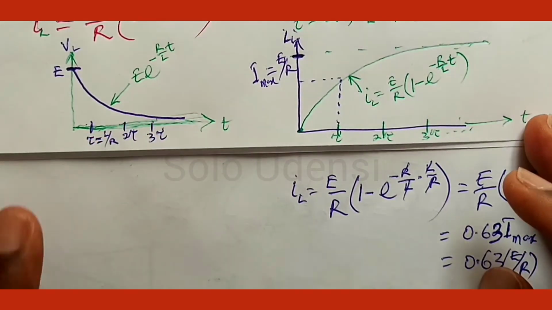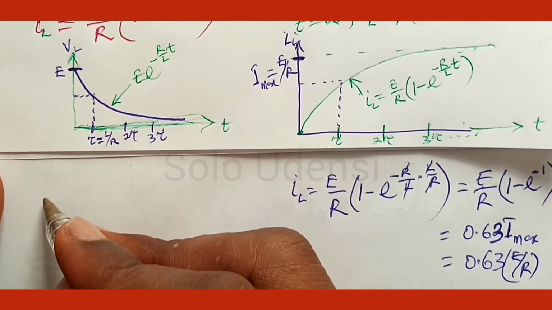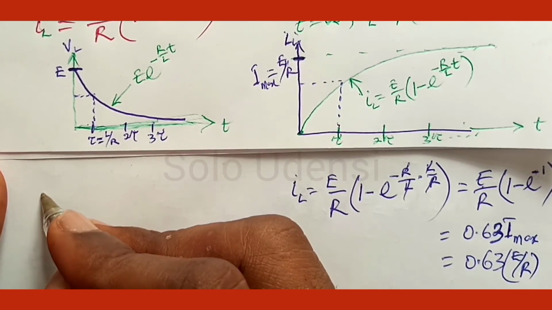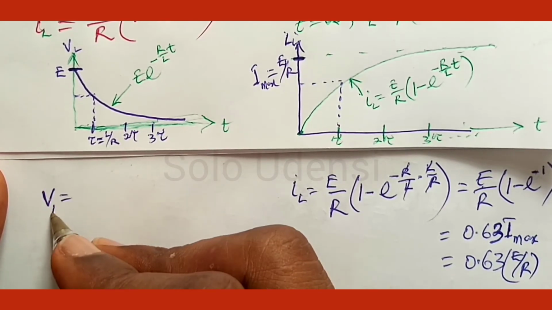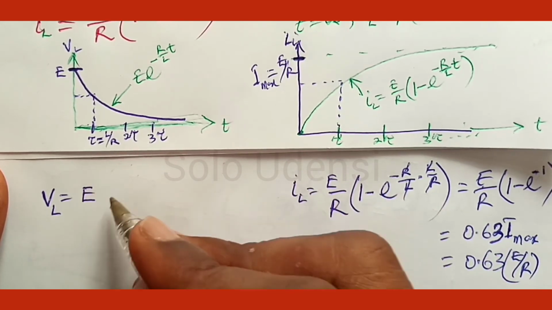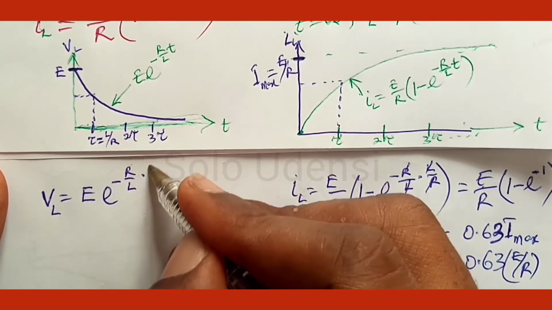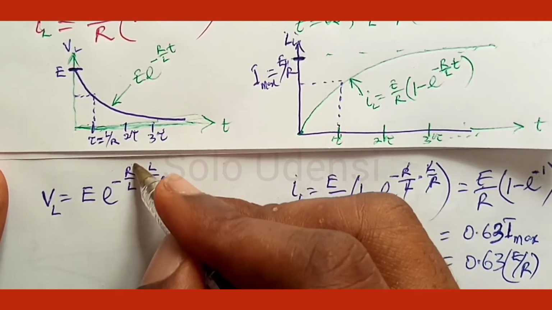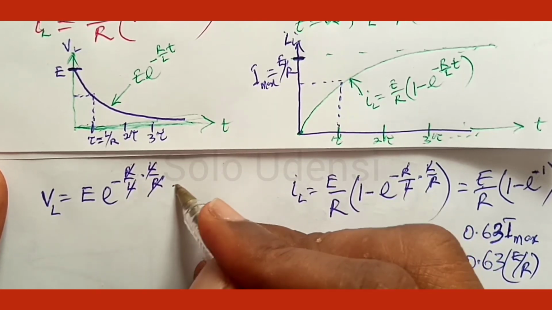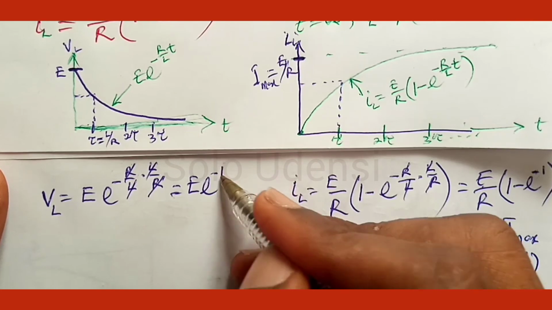So that is for this, we'll be using this. It will give us V, if you like, of the inductor is E exponential minus R over L times L over R. So it's E exponential minus 1.